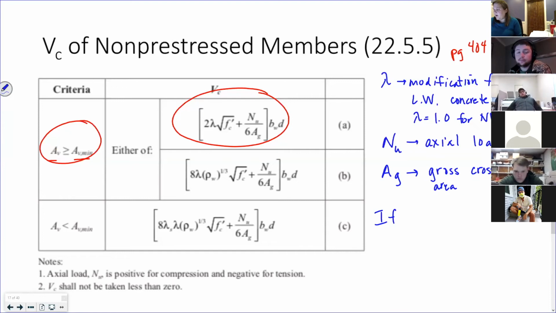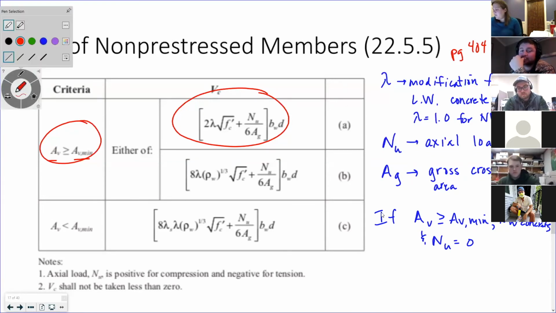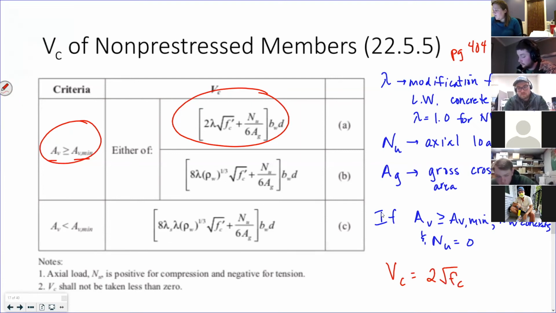If you have more than your minimum, normal weight concrete, so your lambda is 1, and you have no axial load, the shear strength of your concrete is 2 times the square root of f prime c times bw d.